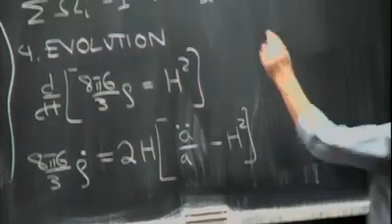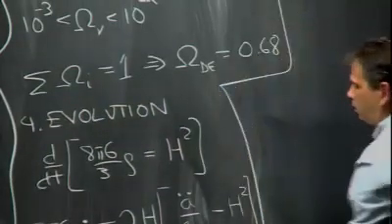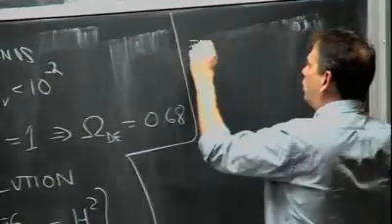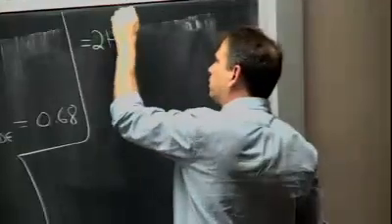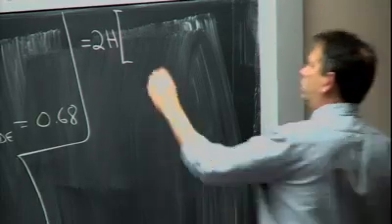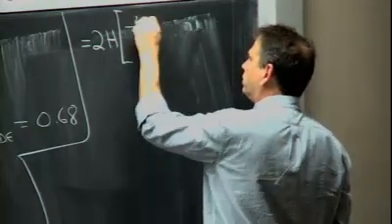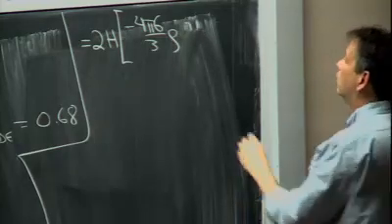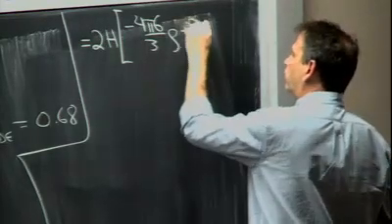All right. So let's plug in this stuff. The right hand side then is equal to 2H. Now, a double dot over a, we said, is equal to minus 4 pi G over 3 times rho plus 3p.